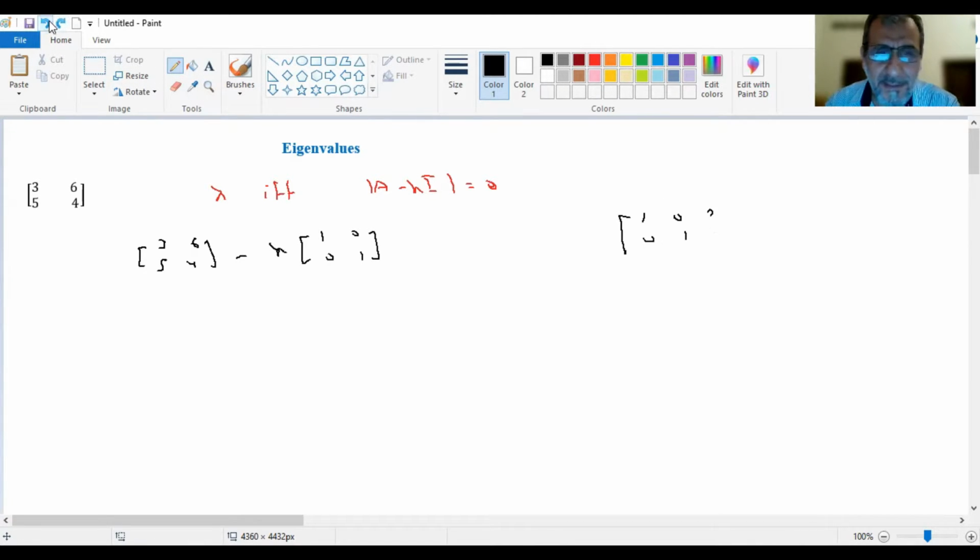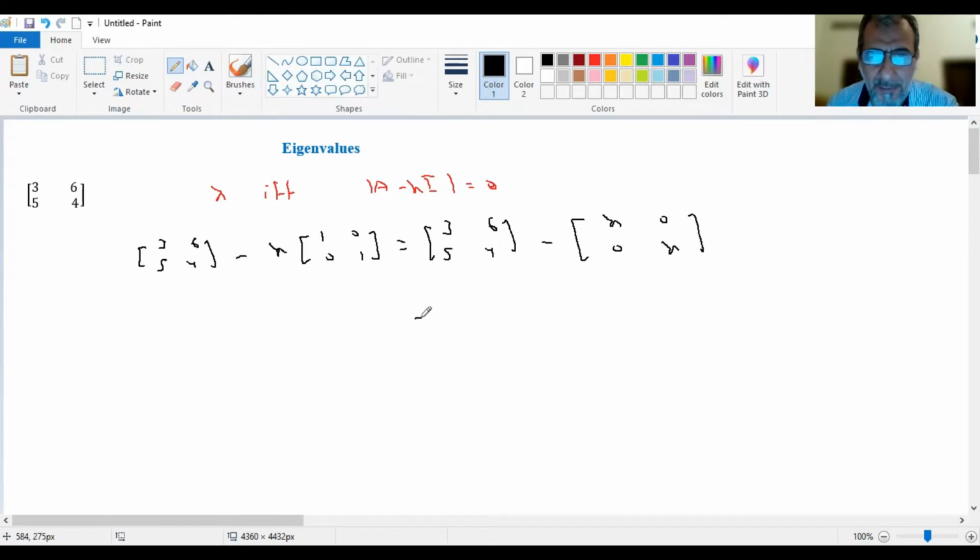So how to find now the determinant of A minus lambda I? The first row is 3, 6, and 5, 4 for the second row, minus lambda multiplied by the identity, 1, 0, 0, 1. So the matrix A minus lambda I is: 3 minus lambda, and 6 minus 0 is 6, 5 minus 0 is 5, and 4 minus lambda.